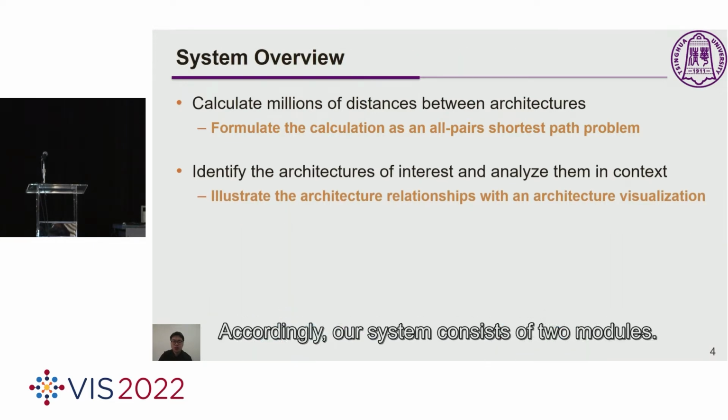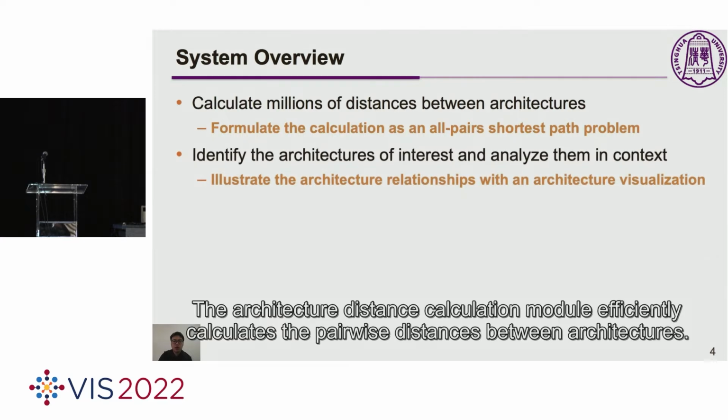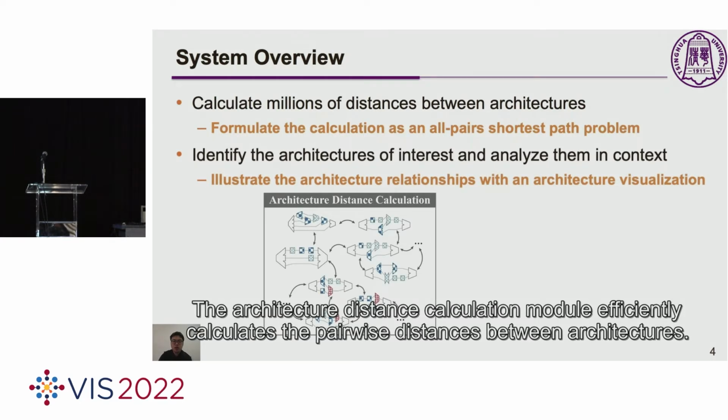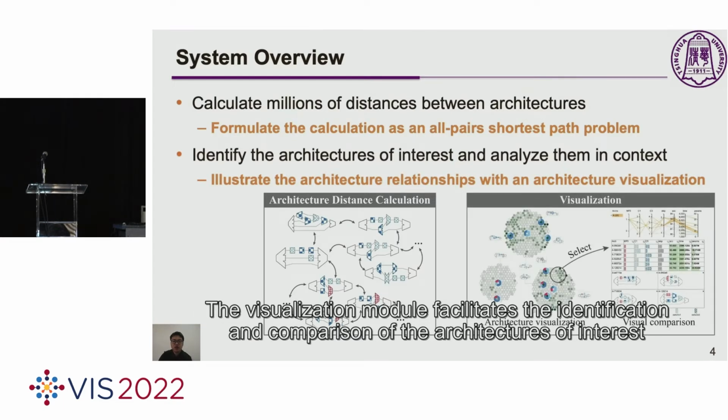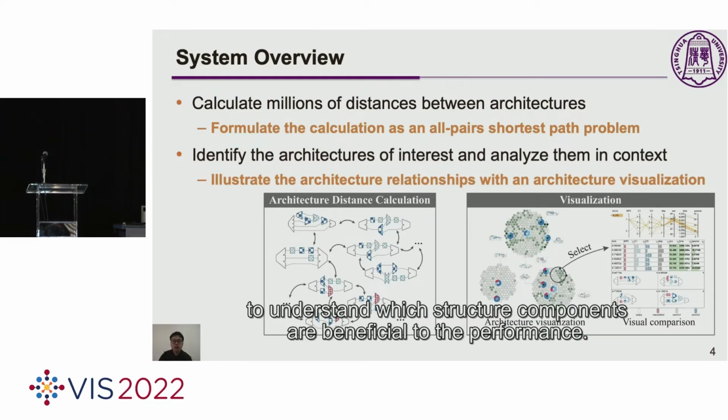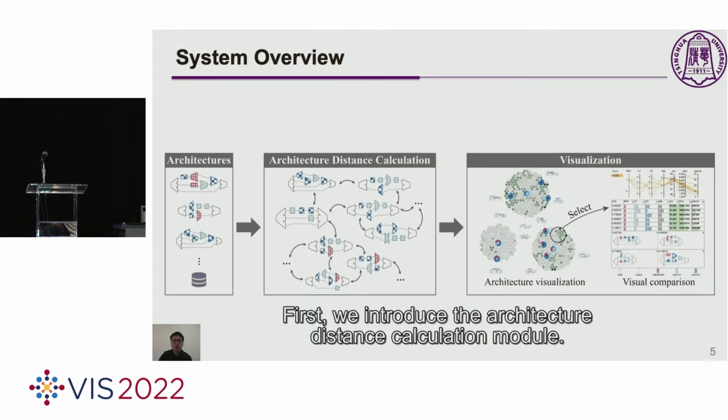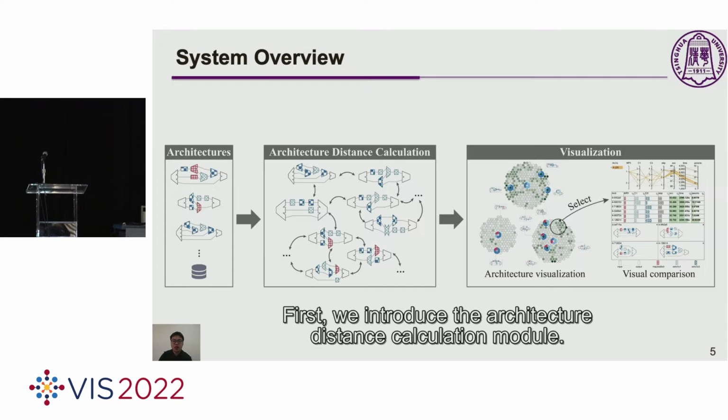Accordingly, our system consists of two modules. The architecture distance calculation module efficiently calculates the pairwise distances between architectures. The visualization module facilitates the identification and comparison of the architectures of interest to understand which structural components are beneficial to the performance. First, we introduce the architecture distance calculation module.